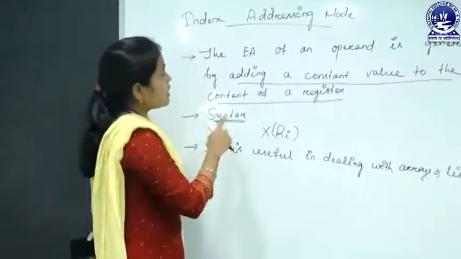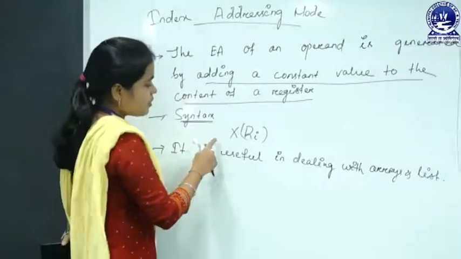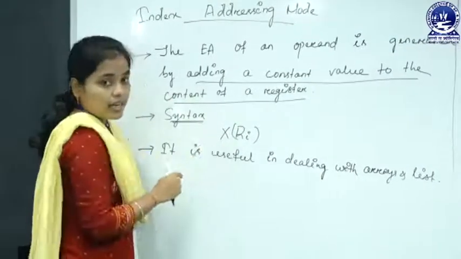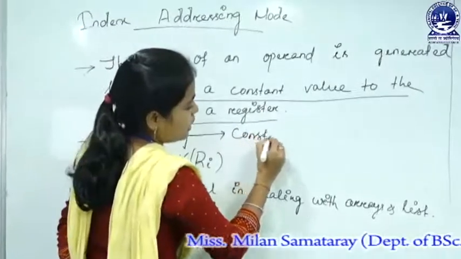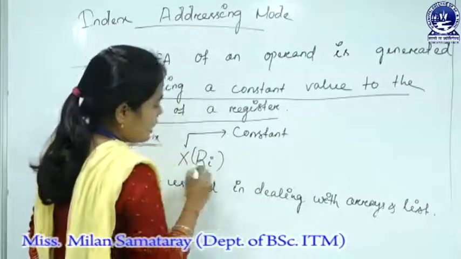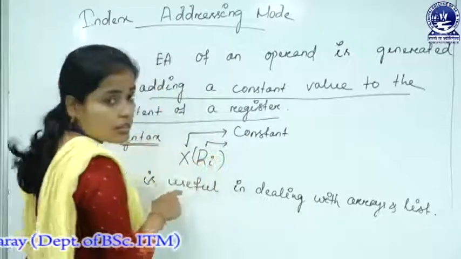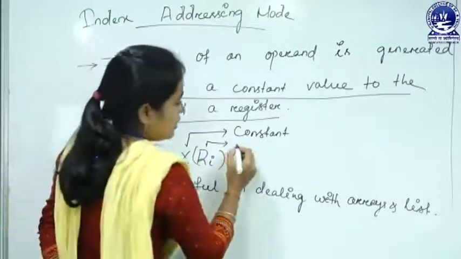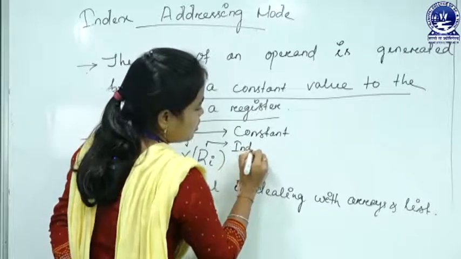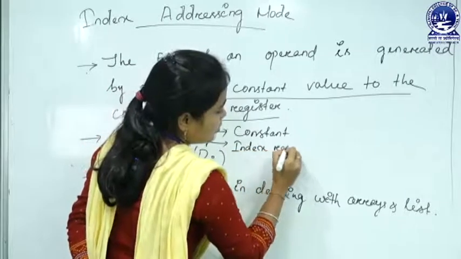And what is the syntax of index addressing mode? The syntax is X(Ri). Here X is the constant value which we have to add, and Ri is a register which contains the memory location, and that is why this register is called the index register.